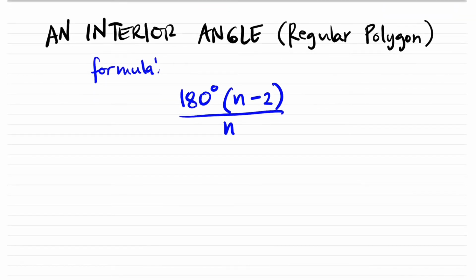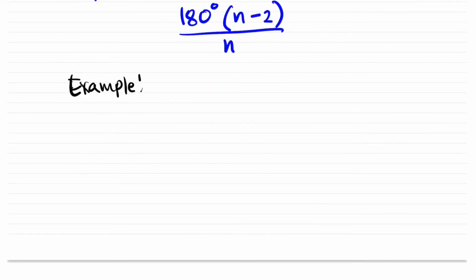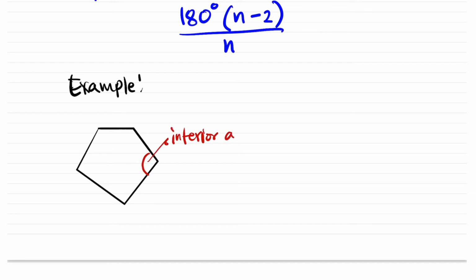Let's have an example. For example, we have a pentagon again. Now we're trying to find the measurement of this angle here, a specific interior angle, considering that the angles inside are equal.